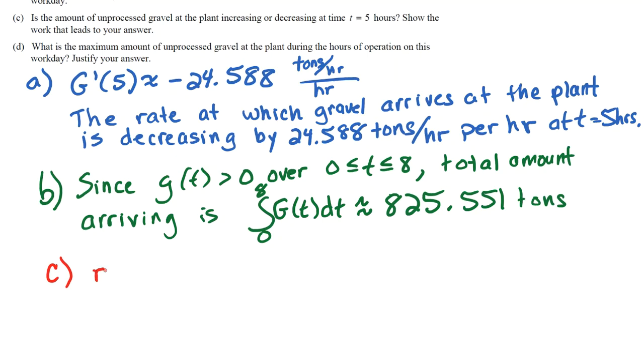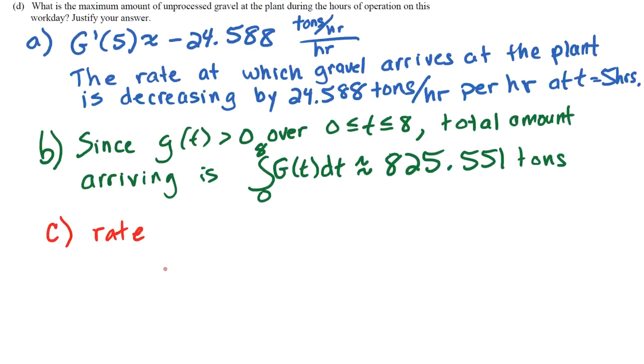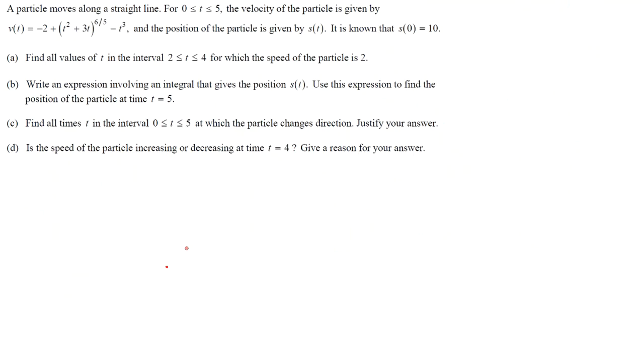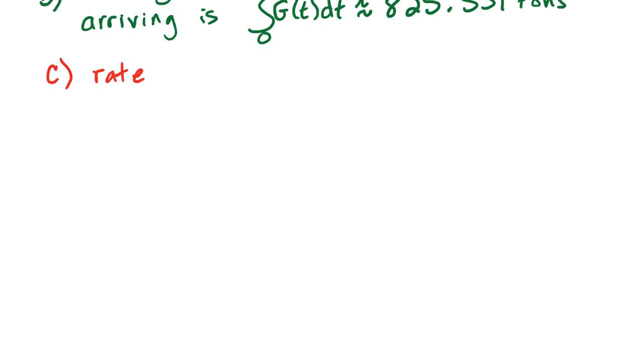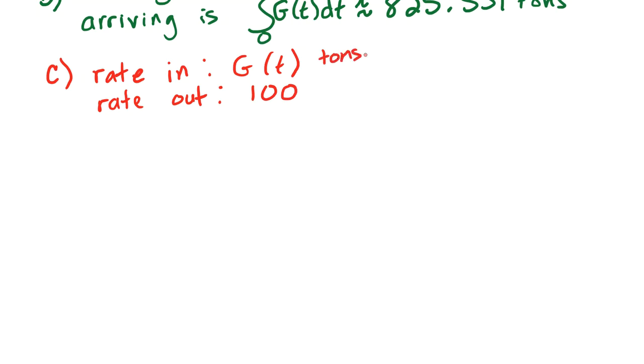So let's think about this. The rate that gravel is arriving is our g of t function, and the rate that it's leaving is the 100, and these are both in tons per hour.